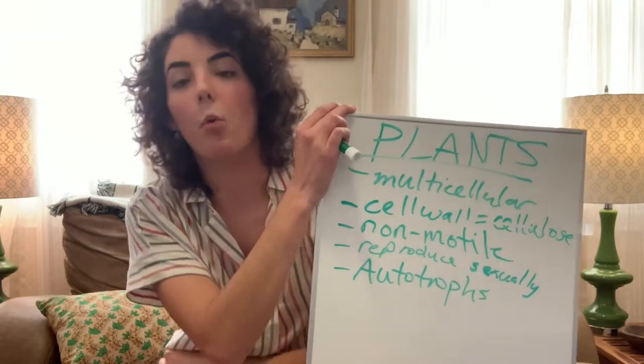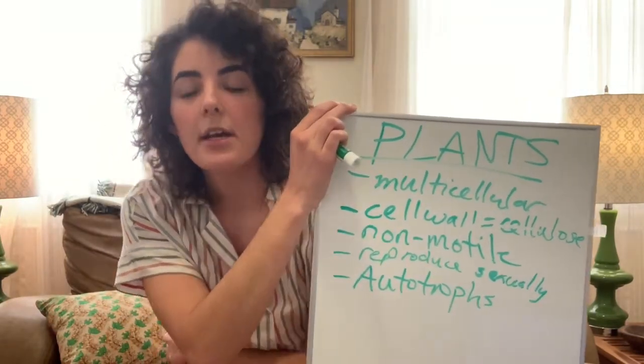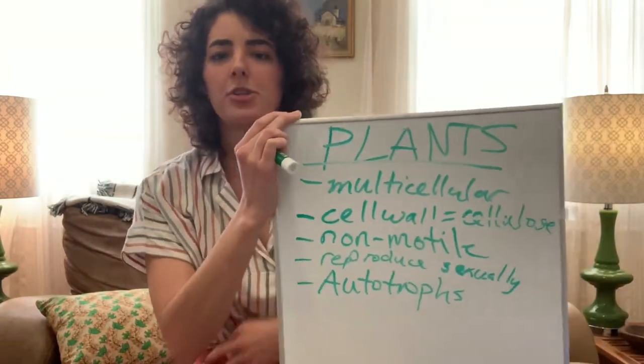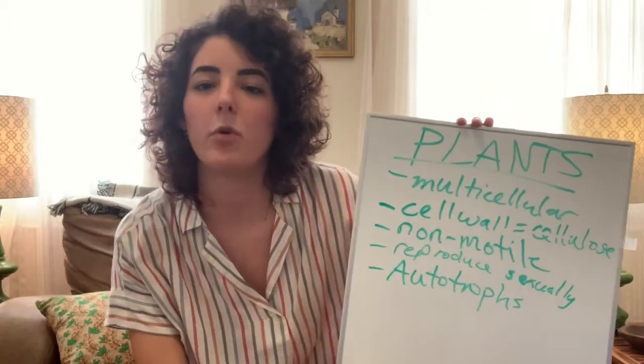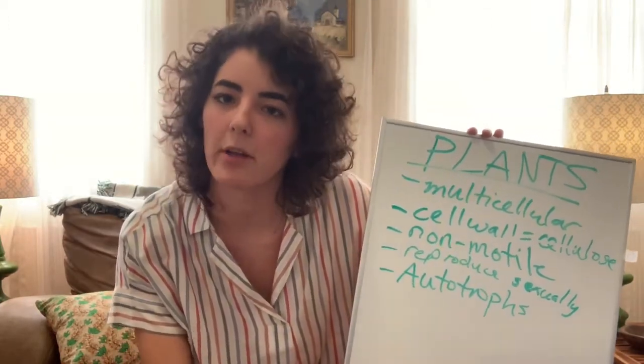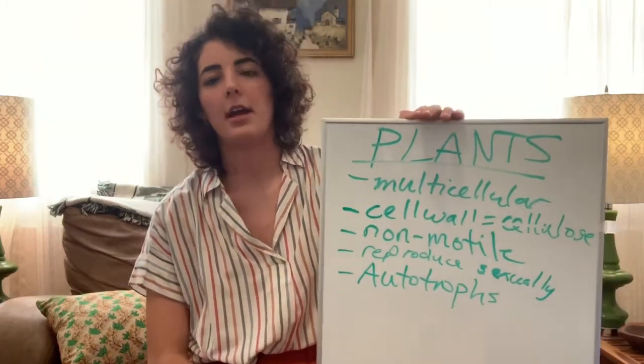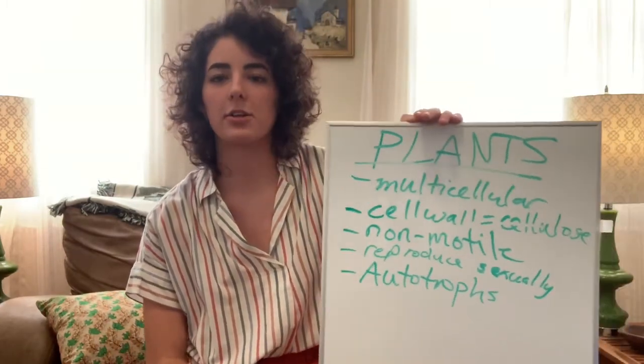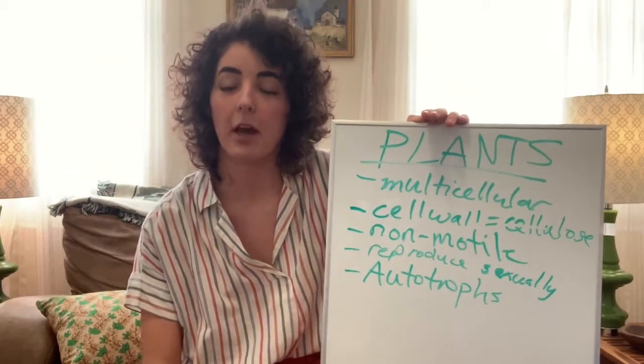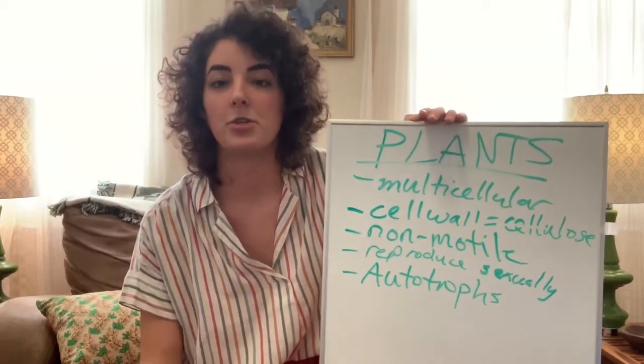They take up water from the soil with their roots. They mix those together with energy from the sun, and they form C6H12O6, or glucose, which is basically just sugar. And that's how they get their energy, from breaking that sugar down. Oh, and they also produce oxygen, which is awesome for us.